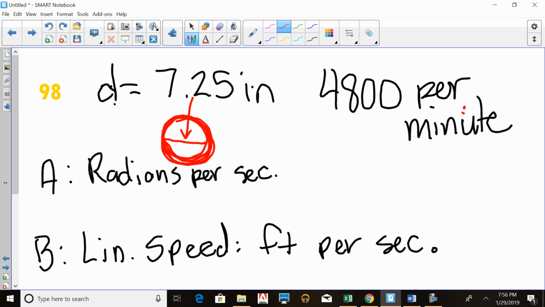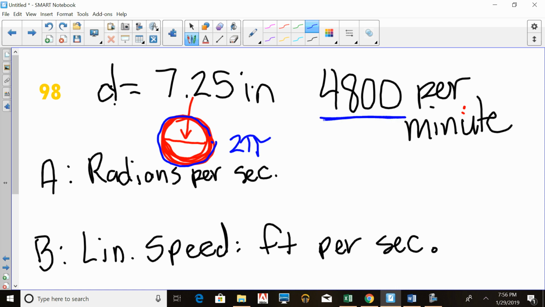So A says find the angular speed in radians per second. Well now, to go around the circle 1 time, how many radians is that? It's 2 pi radians.